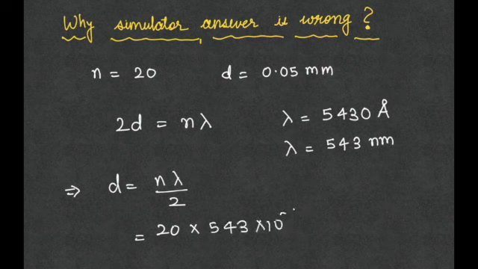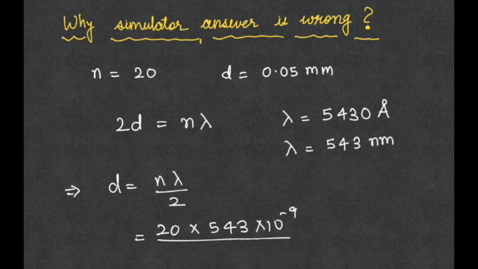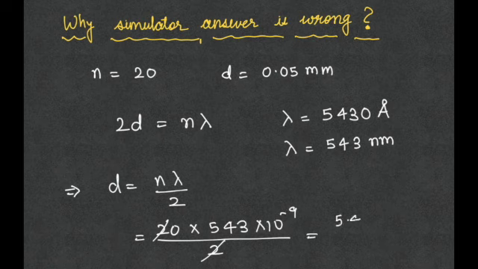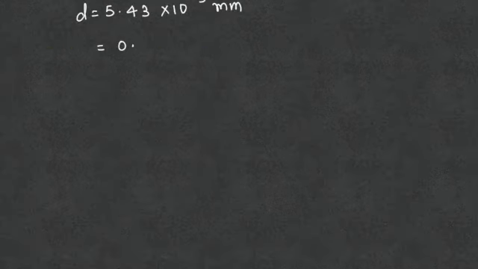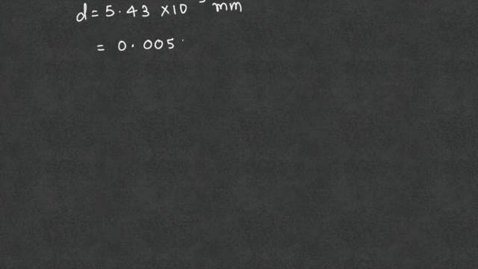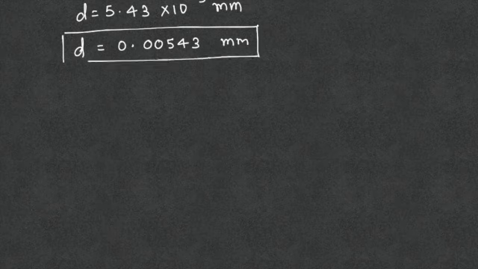In order to get this lambda, how much should D be? This gives 5.43 times 10 to the minus 6 meter, or 0.00543 millimeter. This is the expected value of D.